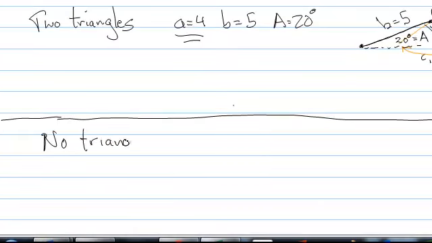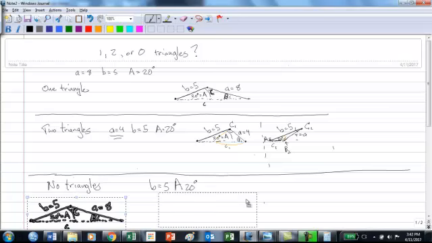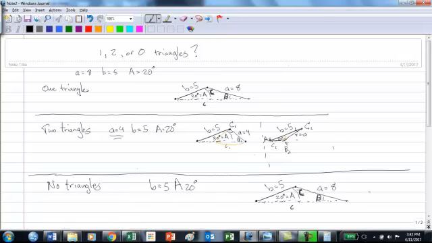Maybe you can come up with the example that would have that. You're given B is 5. You're given angle A is 20 degrees. I'm going to draw, bring that back in here. But they're not telling us what A is yet. I didn't mark what A is yet. Okay.